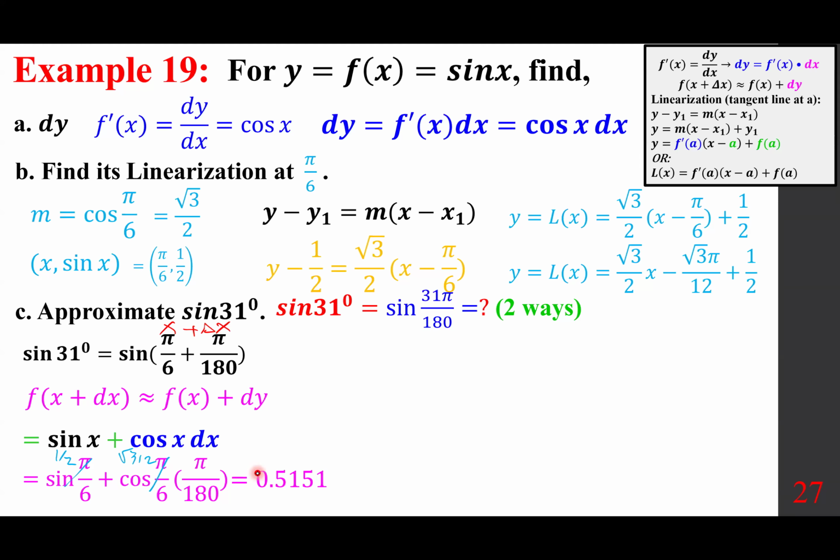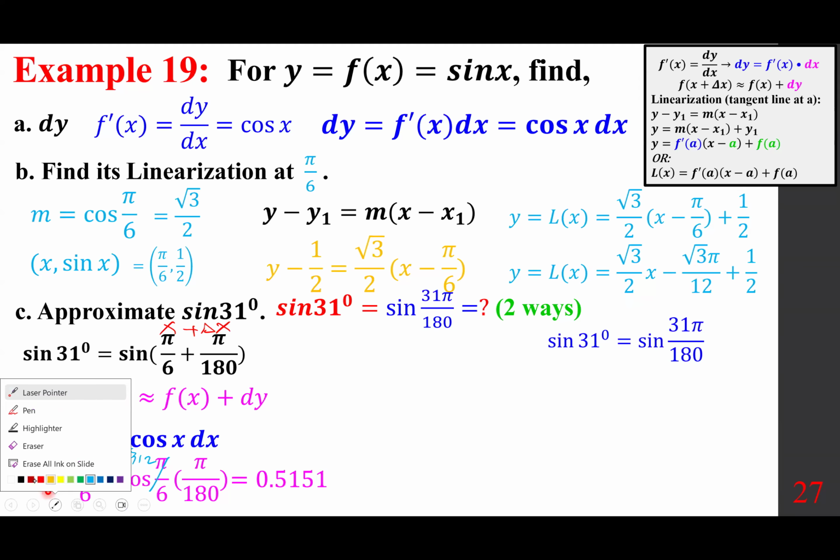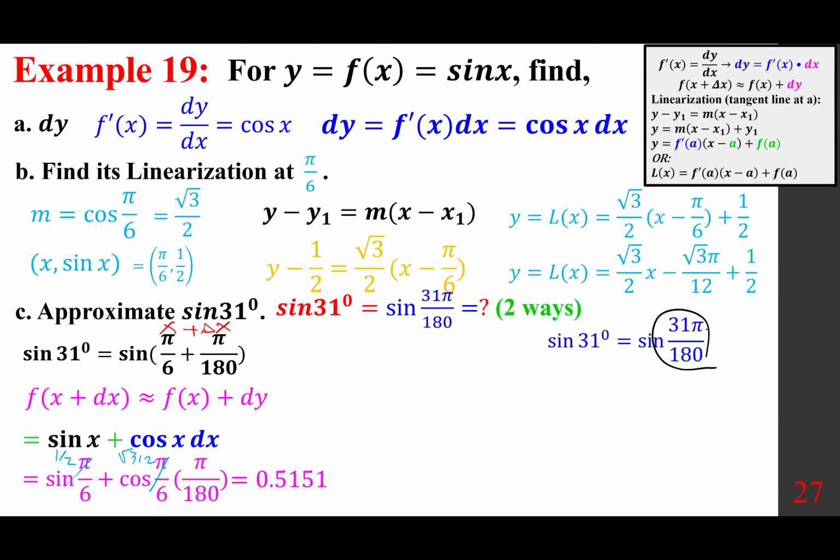Now, the second method, okay, so sine of 31 degrees is sine of 31 pi over 180. And if we want to use linearization, that means into this goes 31 pi over 180. That's the meaning of it.